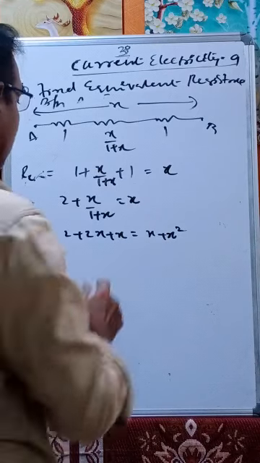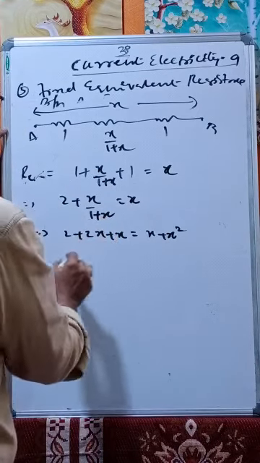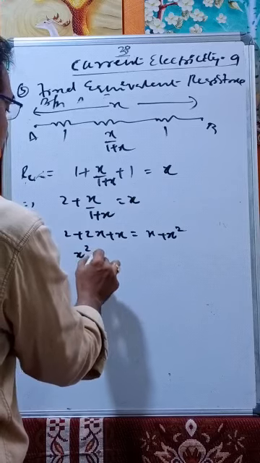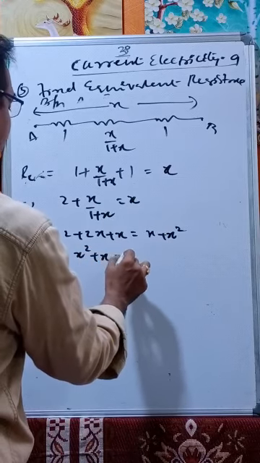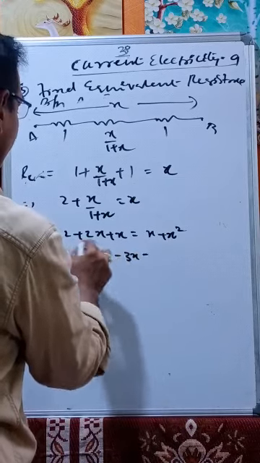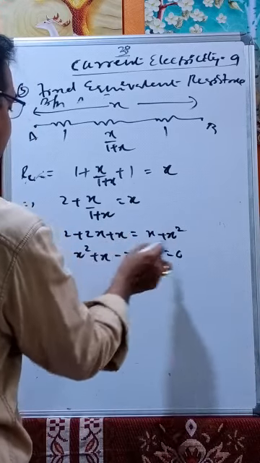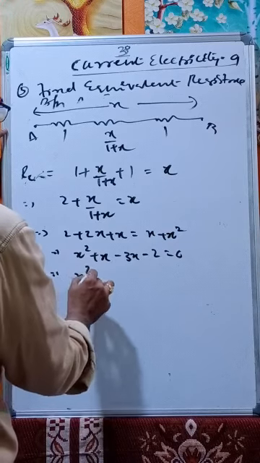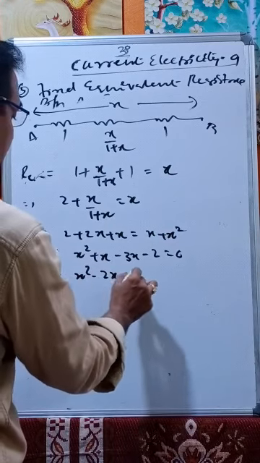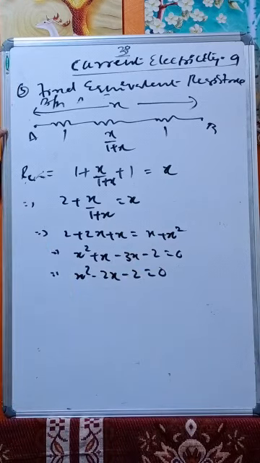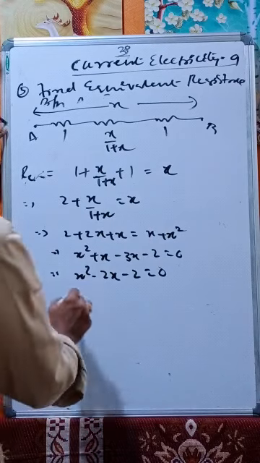Isn't it? x plus x square is equal to 2 plus 2x. This implies x square plus x minus 3x minus 2 is equal to 0, that is x square minus 2x minus 2 is equal to 0.